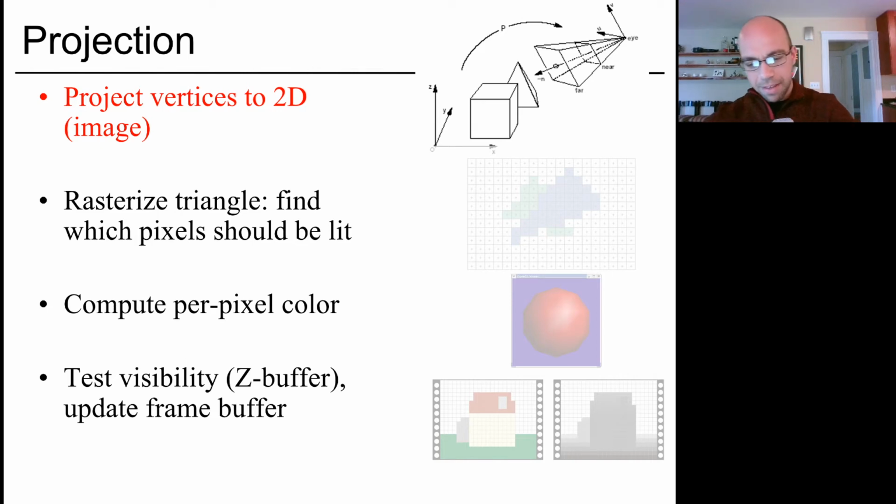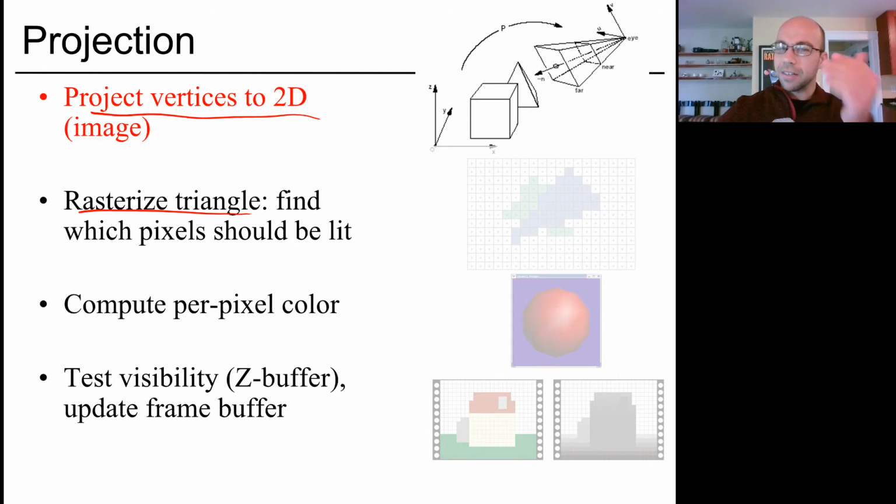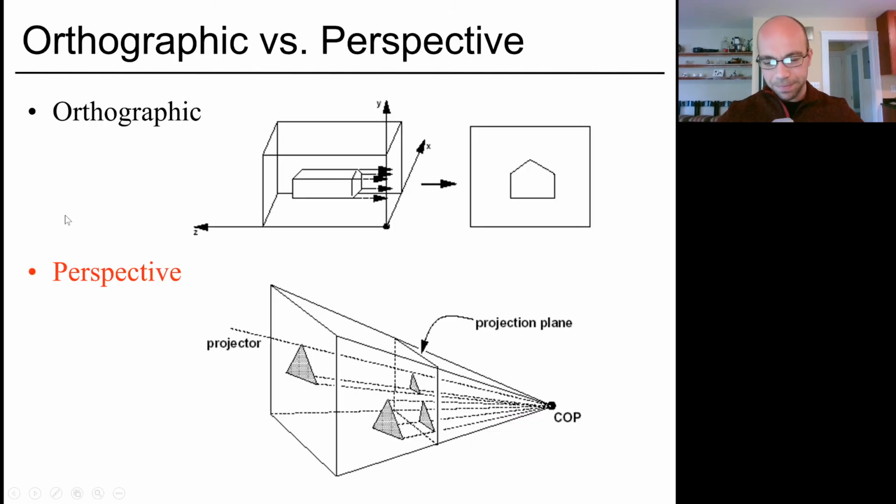What that means is that we can project the vertices of our triangle onto the screen, and then we can rasterize with no knowledge of the 3D information. Let me repeat that. You can take the vertices of a 3D triangle, make them points on your 2D image, and those three 2D points are enough information to figure out which pixels to light up.